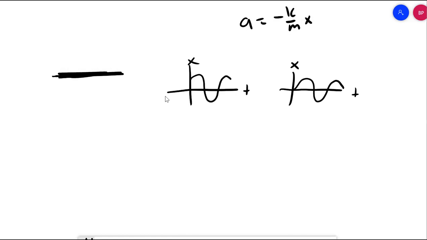So in other words, it has to be of the form cosine plus sine. So everything in simple harmonic motion is going to be something like this. These don't have to be the same. In fact, they shouldn't be.